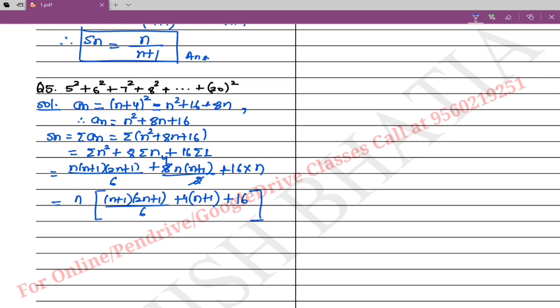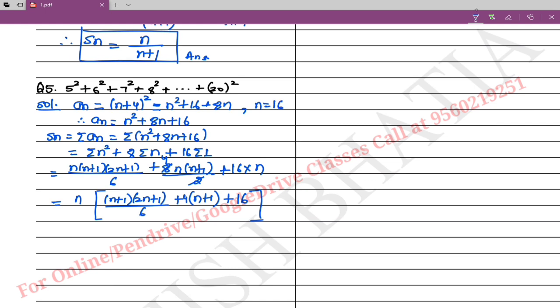Out of these, the first 4 terms are missing, that means 1 square, 2 square, 3 square, 4 square, and the question starts with 5 square. So out of the squares of the first 20 natural numbers, the squares of the first 4 are missing. That gives us only 16 terms left. So I can clearly see that n is equal to 16 here.